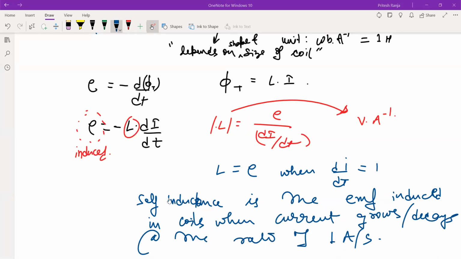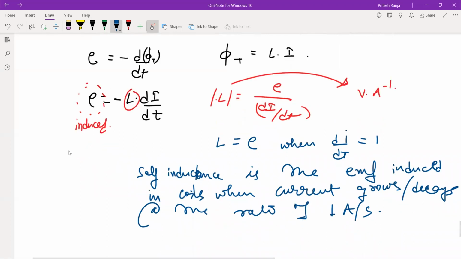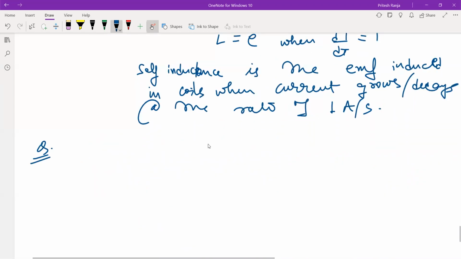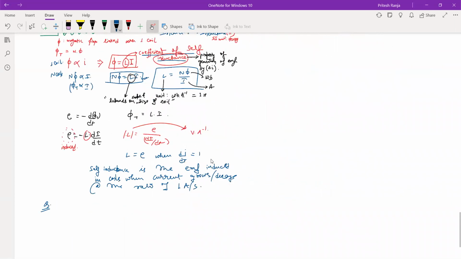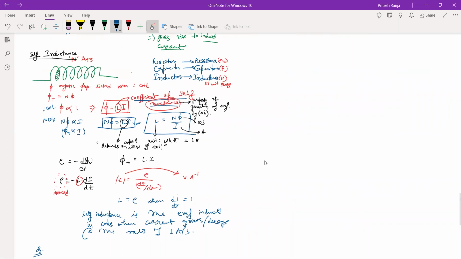So now this will be the definition of self-inductance. Before this, all can write down जितना भी लिखना है related to self-inductance.